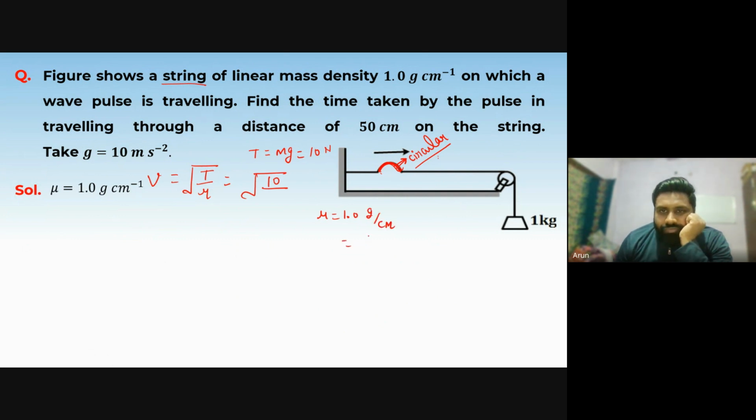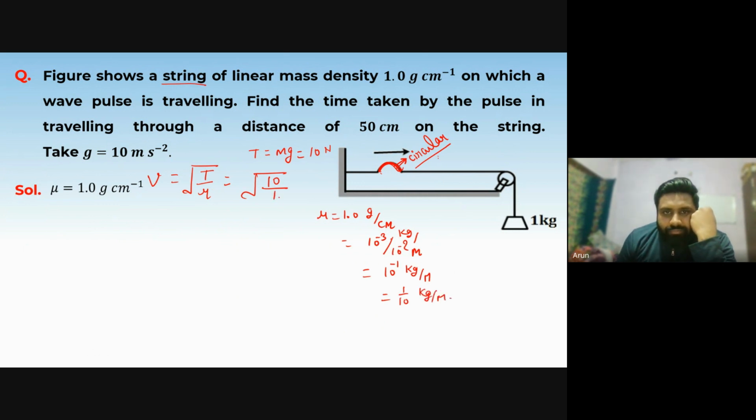In 1 gram we have 10 raised to the power minus 3 kilogram, divided by, in centimeter, 10 raised to the power minus 2 meter. Now this 10 raised to the power minus 2 will jump to the upside. It will become 10 raised to the power minus 1 kilogram per meter, which is nothing but 1 by 10.